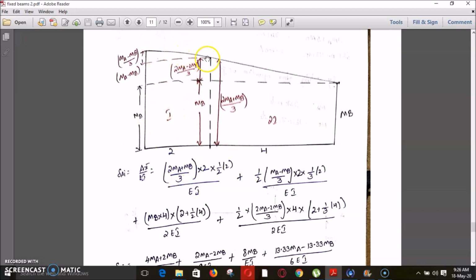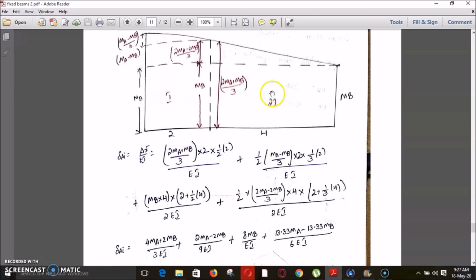And coming to this triangular part, the area is half, base is 2 and height is (MA minus MB)/3. This is my area, and the X bar value from here will be 1/3 of this span, that is 1/3 of 2, divided by EI, since the flexural rigidity here is I. Coming to this section, for this rectangular part, the area will be MB into 4, and the X bar value from here will be half of 4 plus 2.